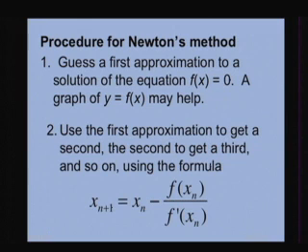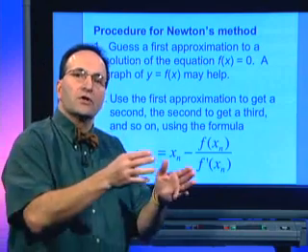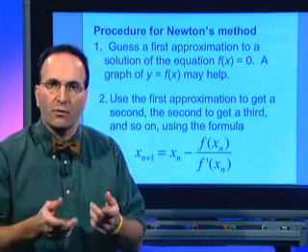Then use that first approximation to get a second one, and the second one to get a third one, and so on, using the formula x sub n plus 1 is equal to x sub n minus f of x sub n divided by the first derivative evaluated at x sub n. We do that approximation over and over again, and it will get closer and closer to the root that we're seeking.